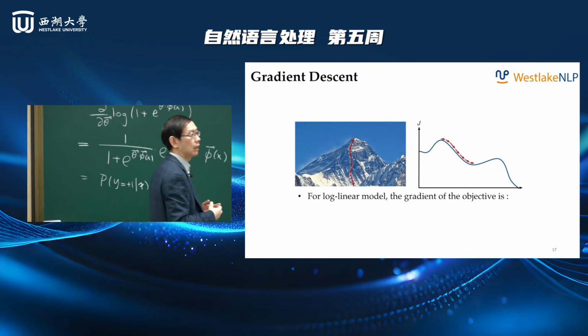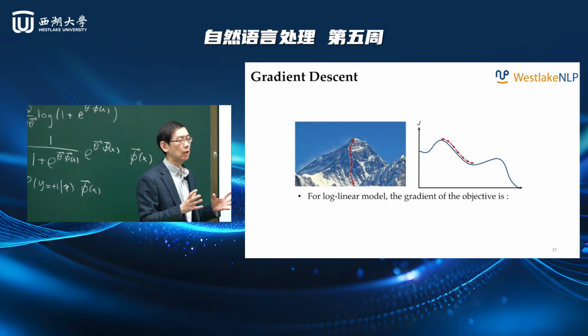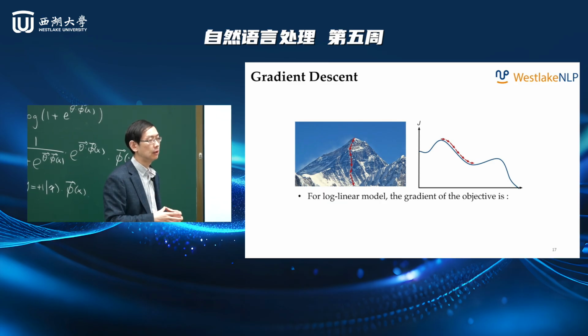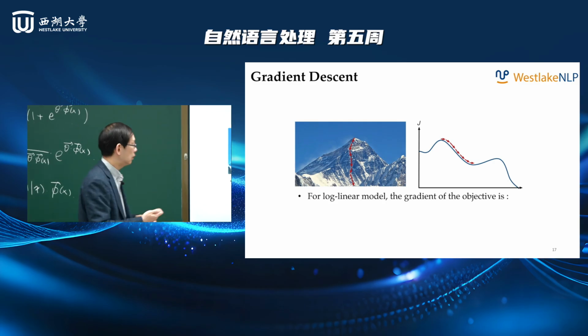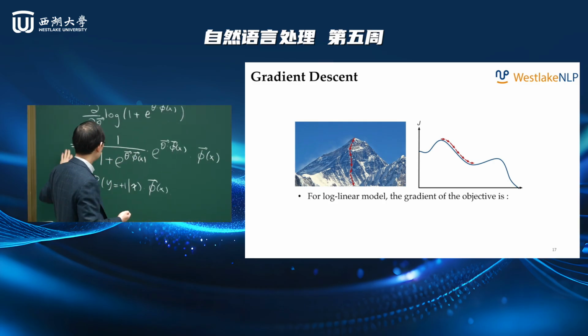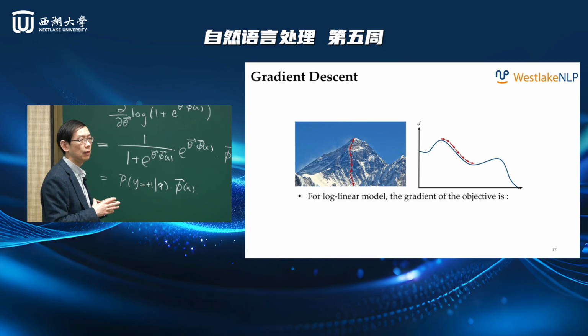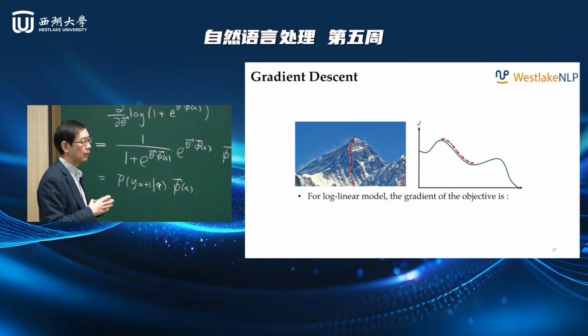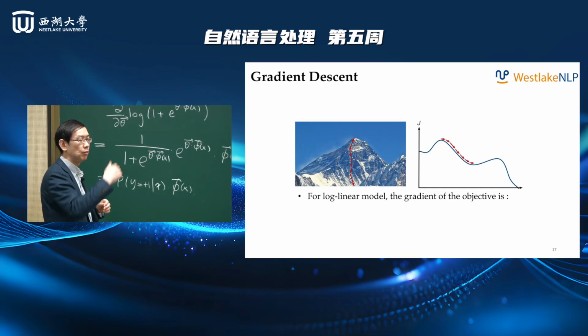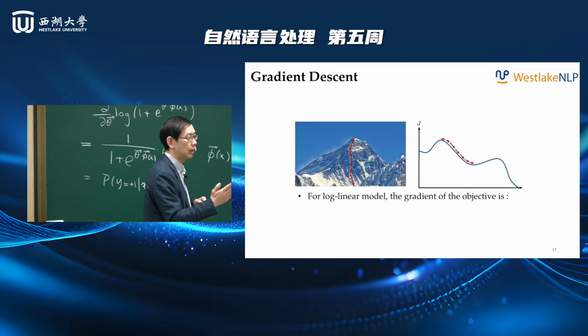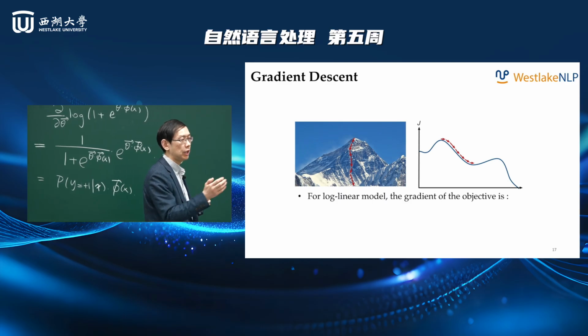So let's recap. I have a training objective function, maximize the likelihood, and I know the derivative of this thing with respect to the model parameter. And now I want to find the maximum point of this function. I can do that by starting from a random model parameter and then gradually adjusting it.